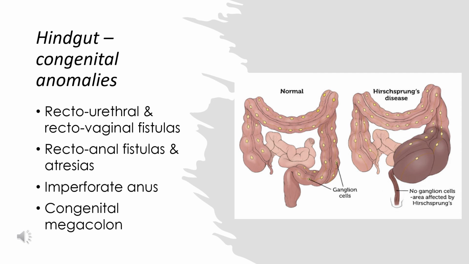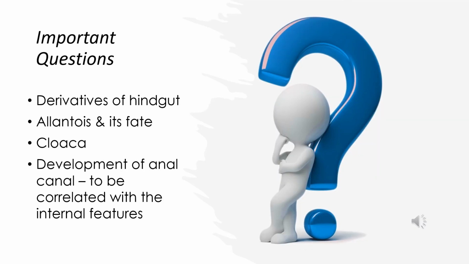Before we conclude, we'll try to see what are the important questions from this development of the hindgut. One important question you can get is about the allantois or the allantoic diverticulum and its fate. The second important question is about the cloaca.